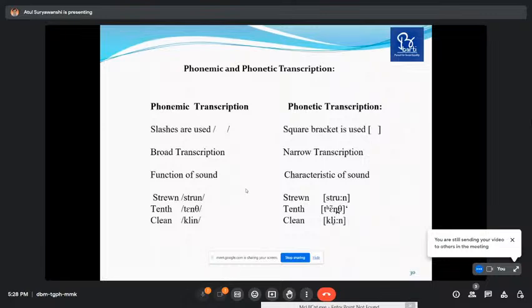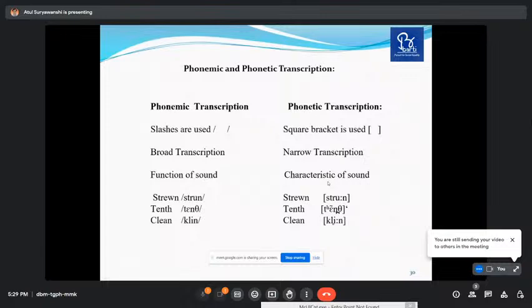Phonemic transcription is known as broad transcription. Phonetic transcription is narrow transcription. Phonemic transcription denotes the function of the sound, and phonetic transcription shows the characteristics of the sound.